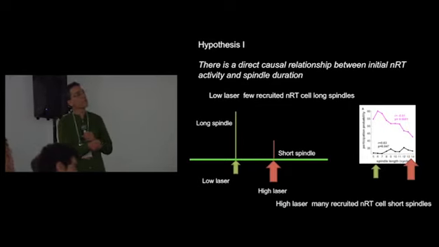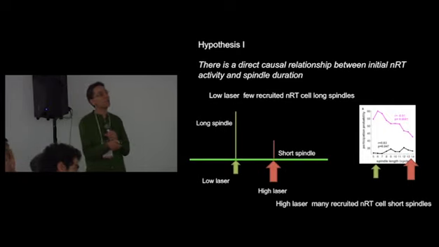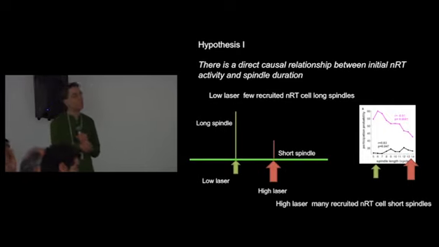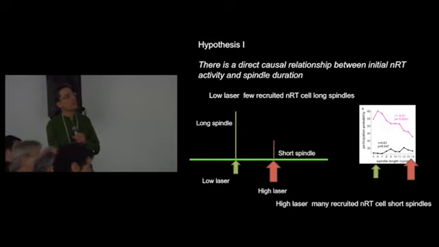If there is a direct causal relationship with the initial NRT activity, you should see the following. If you use low laser light, you should evoke long spindles.